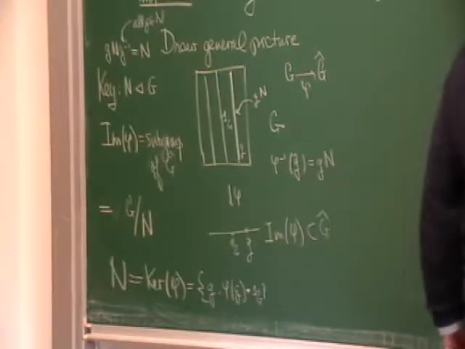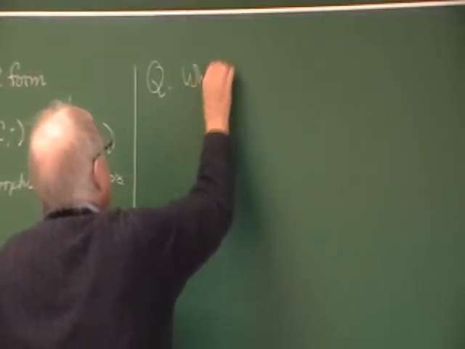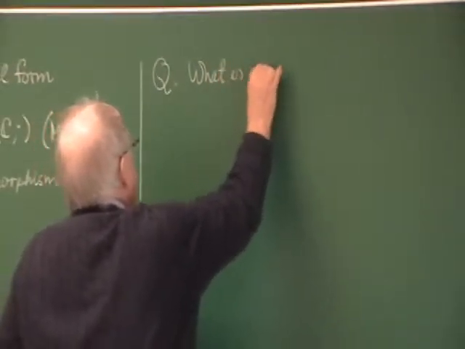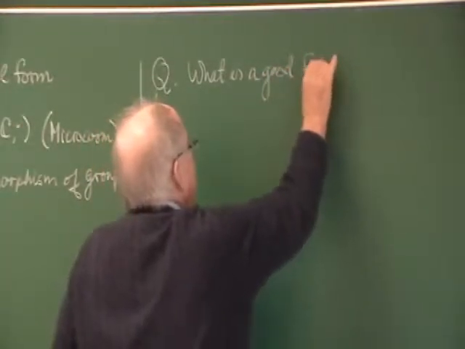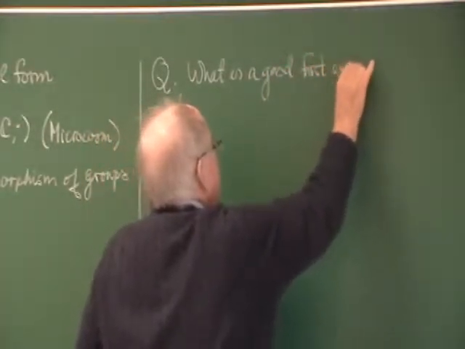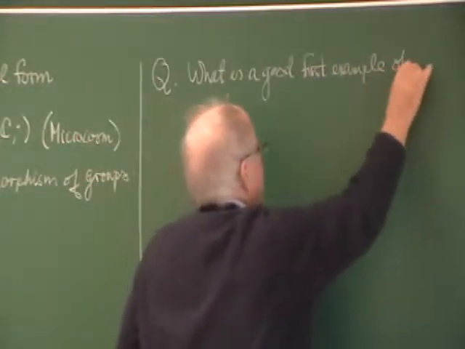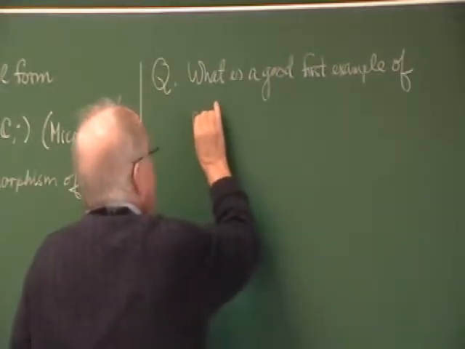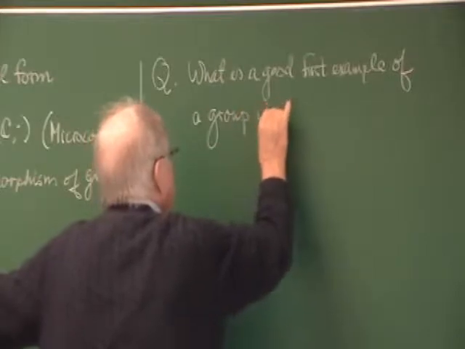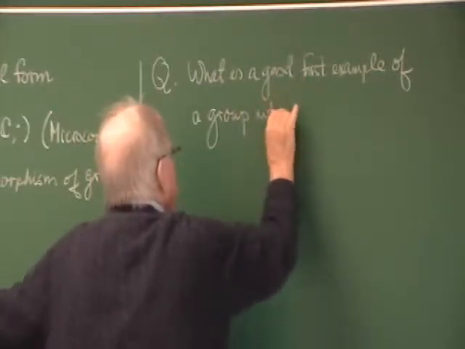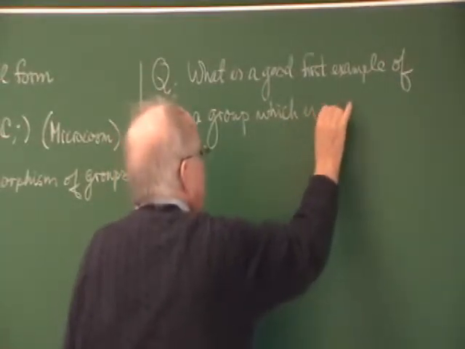One question here is, what is a good first example of a group not like this, which is a little bit worse, which is not commutative. These groups here are obviously commutative.